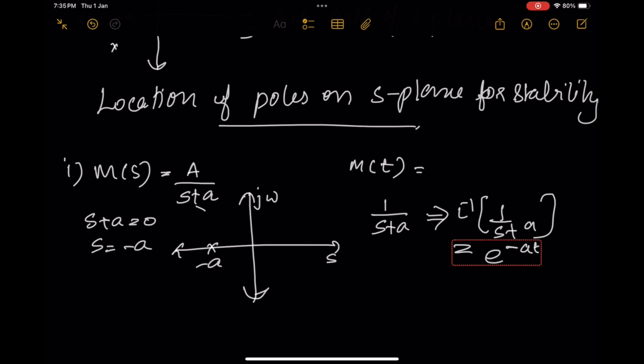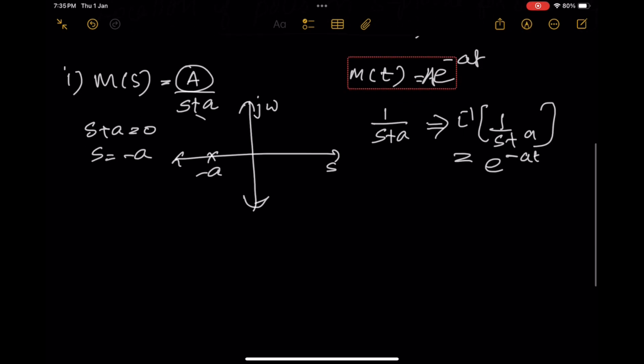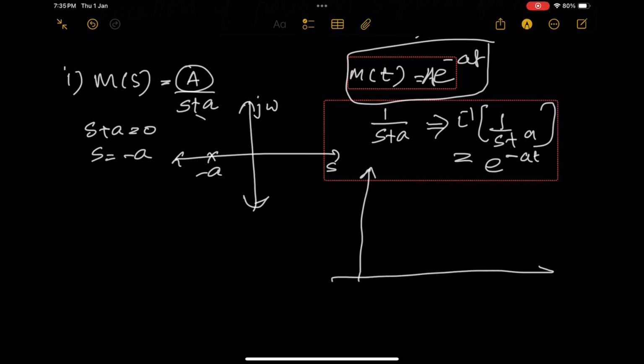This you have studied in your engineering mathematics class, so I'm not saying it again, I'm just showing you the equation. Since we have an a here, it will be a e raised to minus at, and the graph of this equation is an exponentially decreasing function. So this is the graph of a e raised to minus at.